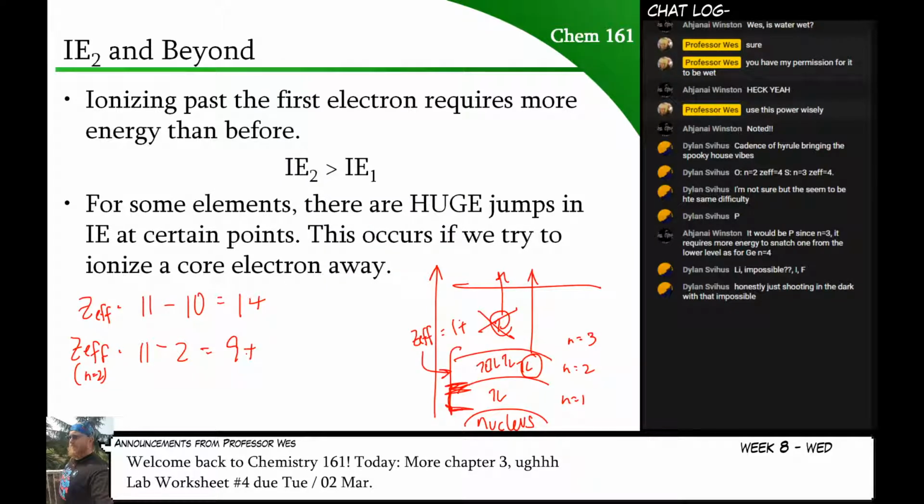So I'd be fighting off a 9 plus instead of a 1 plus going down to that layer. So not only am I getting closer, but I'm also fighting a way higher Z effective. The result is if you jump down to the next shell from ionizing, the energy will skyrocket. And you are able to see this in the data.